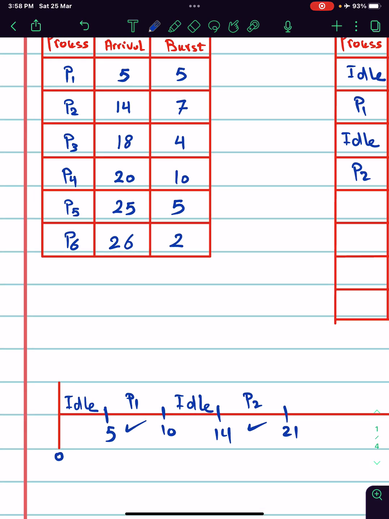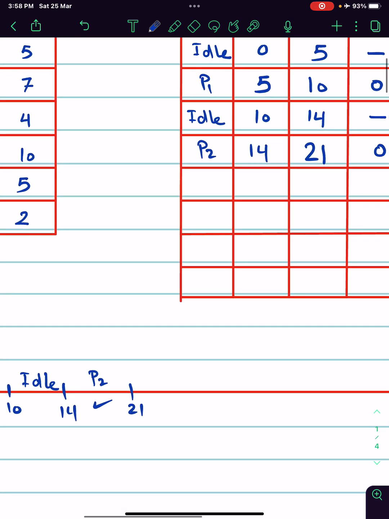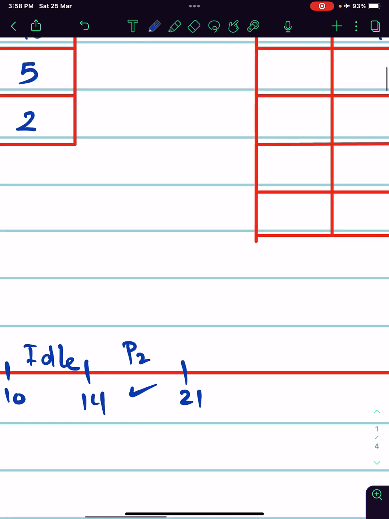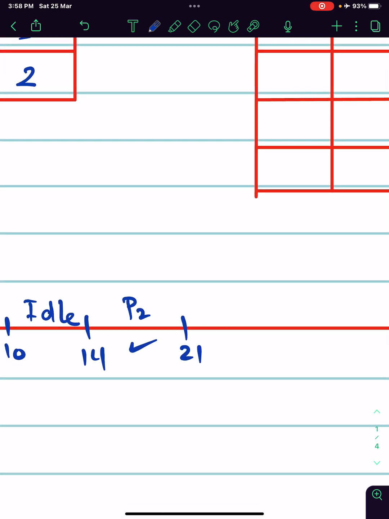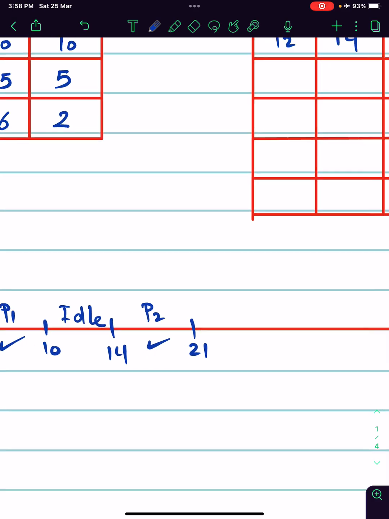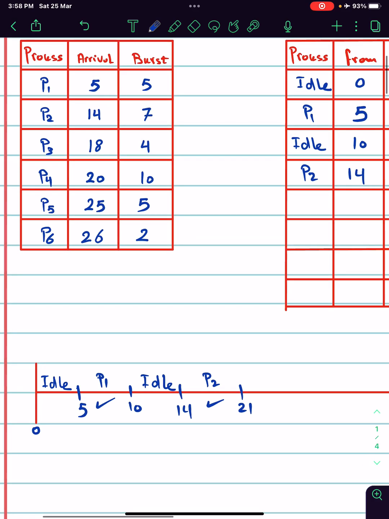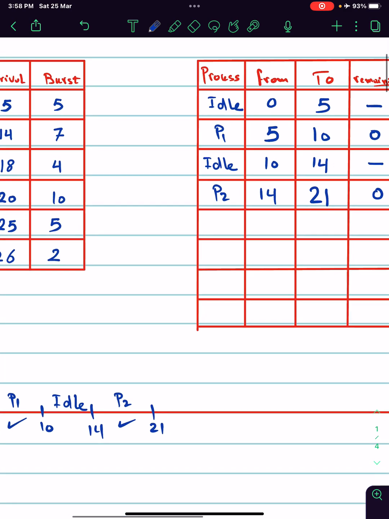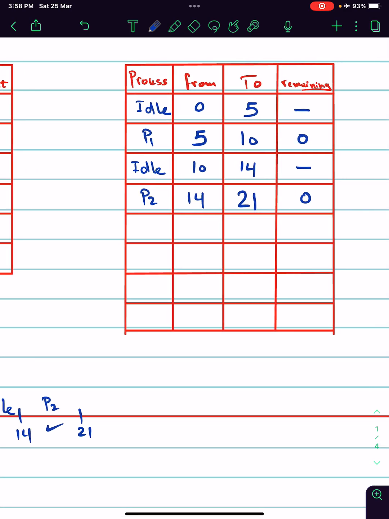Then P3. P3 arrives at time 18, as you can see. But of course, the CPU was busy from 14 to 21. So at the time of the arrival at 18, the CPU wasn't available. So P3 had to wait until the CPU is available. CPU is available at time 21.